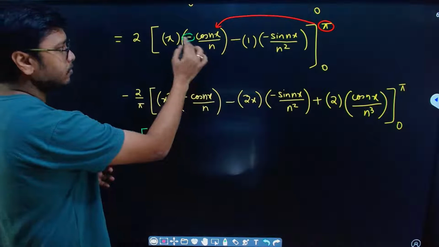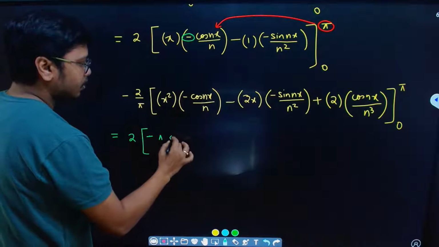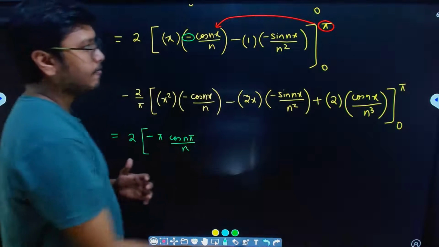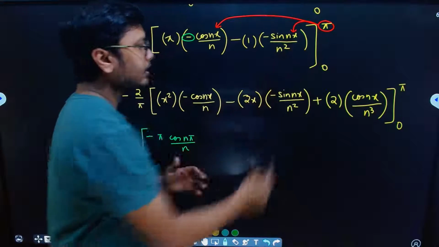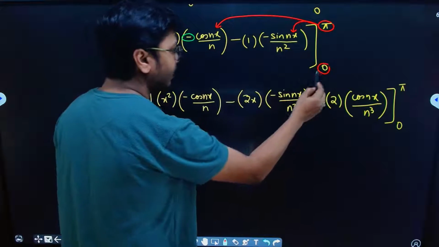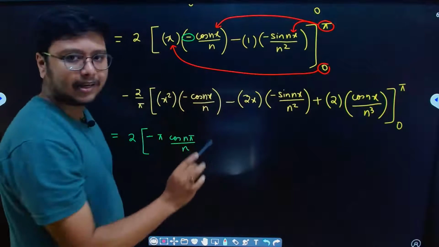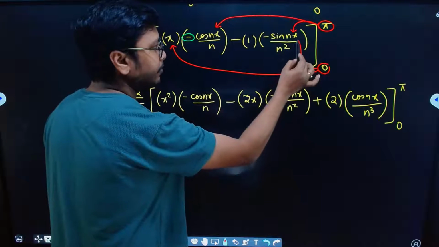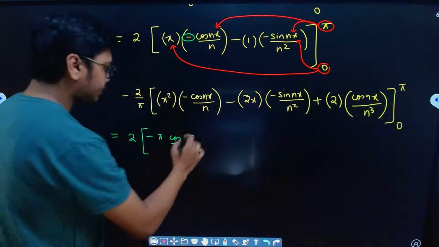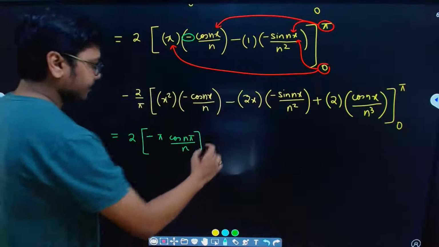There's a minus sign over here, so minus pi cos n pi by n. If I put the upper limit over here, sine n pi becomes 0. If I put the lower limit over here, x becomes 0. If I put the lower limit over here, again sine becomes 0. So no other terms after this. So I close the bracket.